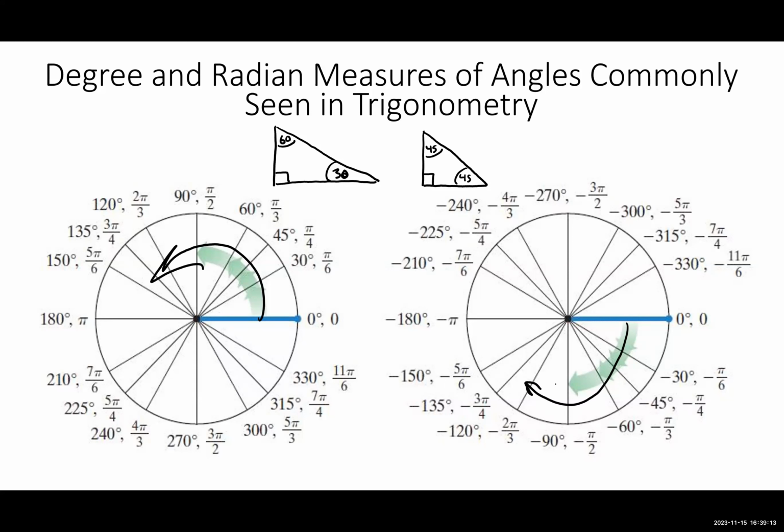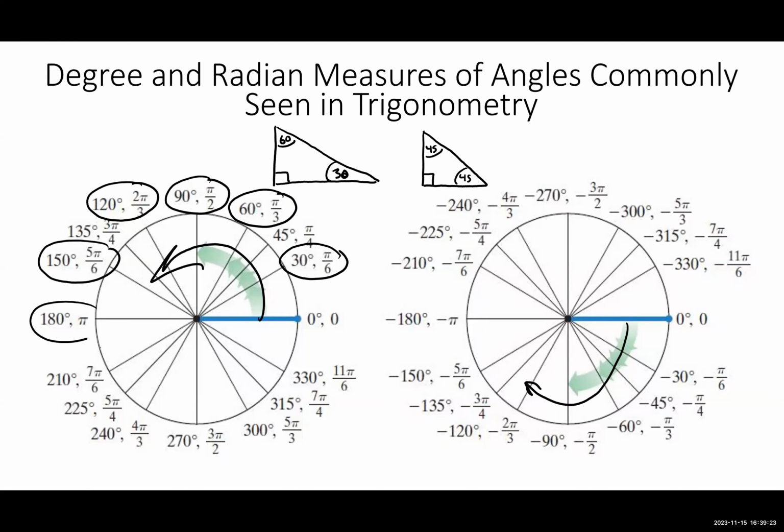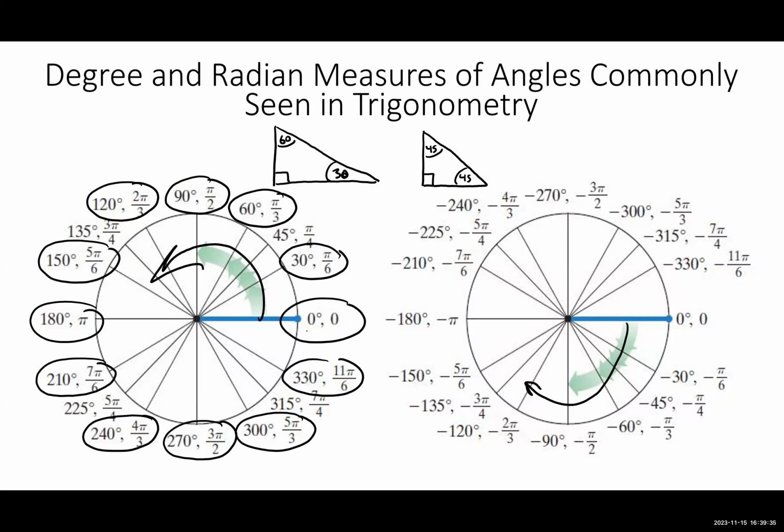But all of these multiples of 30: 30, 60, 90, 120, 150, 180, 210, 240, 270, 300, 330, and then 360, because 0 and 360 are coterminal, right? All of those multiples of 30, those are going to be significant later in our next few videos.